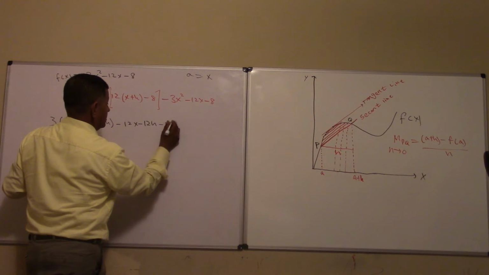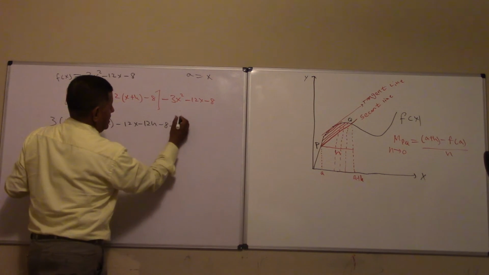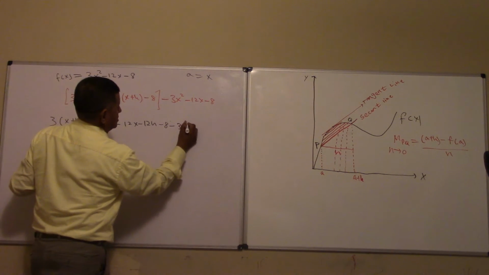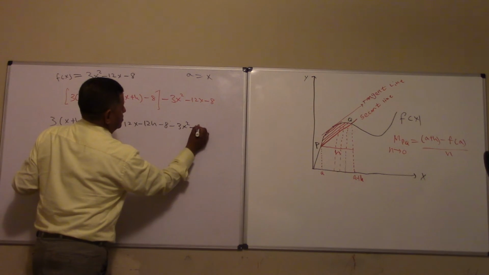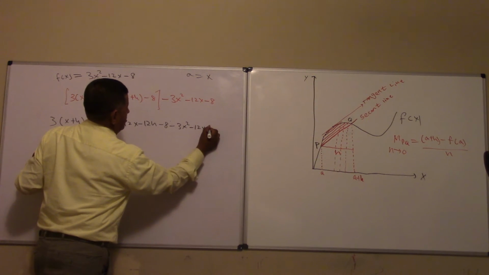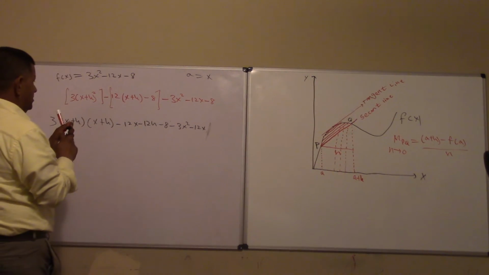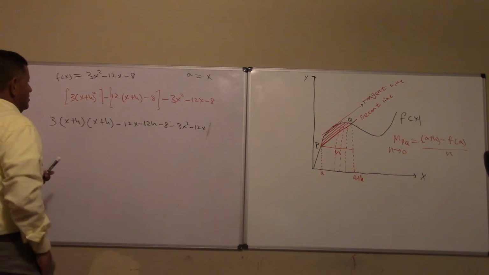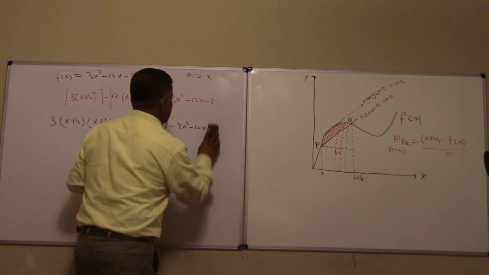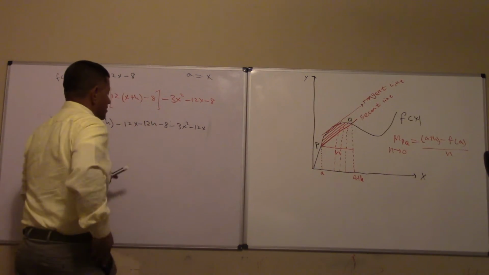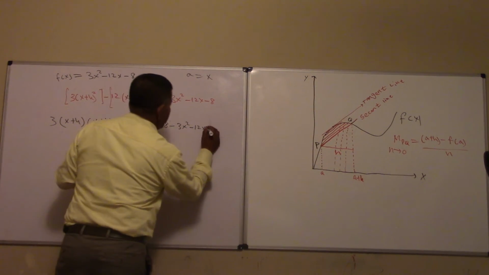And then here I can just bring that 3x squared minus 12x, minus, sorry, plus 8 minus 8.